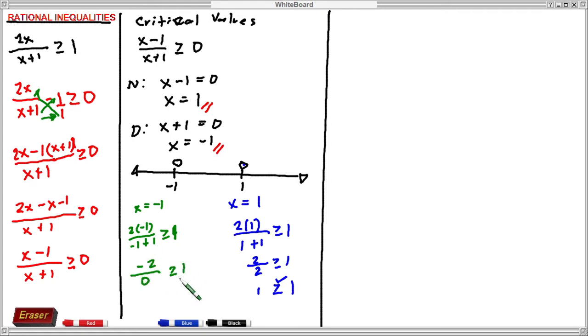Greater than or equal to 1. And we all know that negative 2 over 0 is undefined. That is not possible. So, undefined is greater than or equal to 1, which is not. So, therefore, negative 1 is not a solution. Okay? So, since hindi siya solution, ililive lang natin as hollow yan. So, let us draw again graph sa kabilang side natin. Okay?